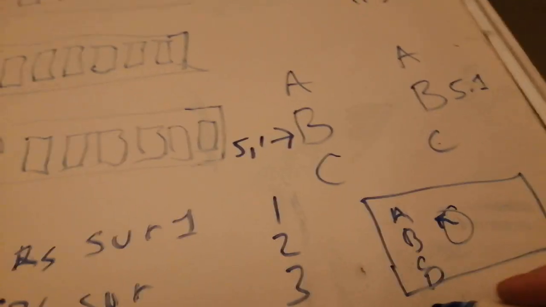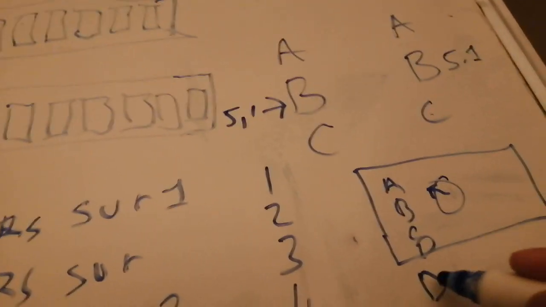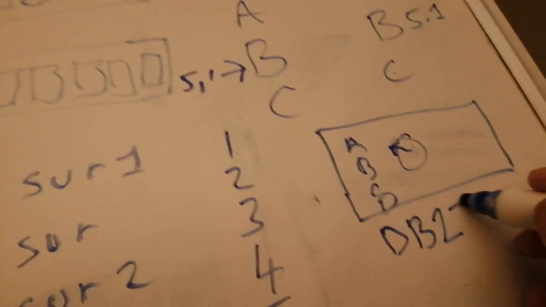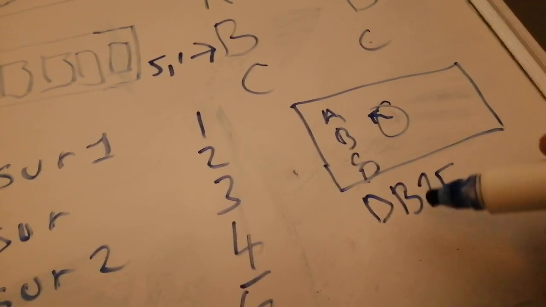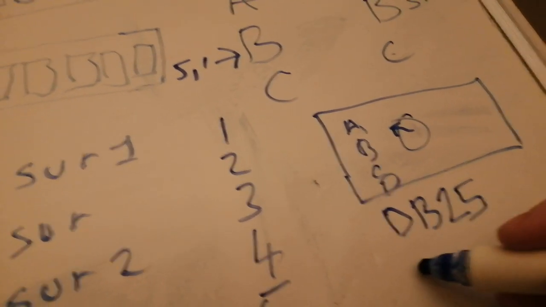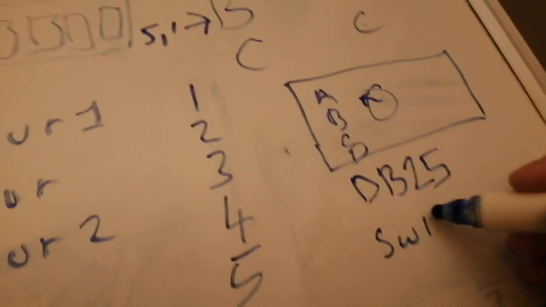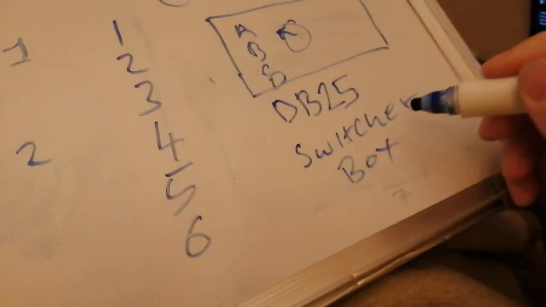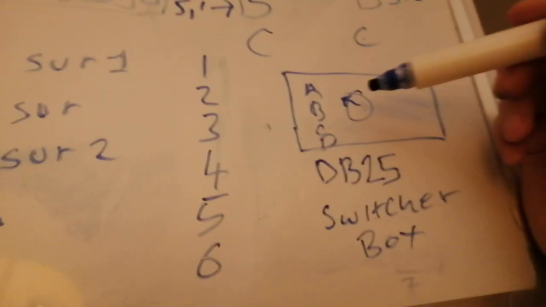To do it cheaper, I'll just simply get another DB25 switcher box, and just do a very complex wiring.